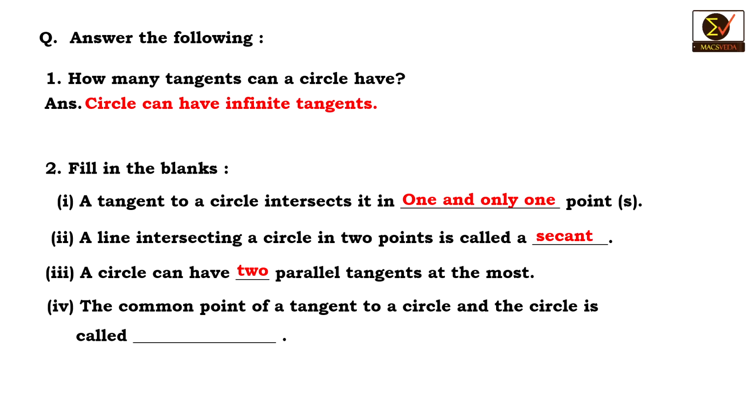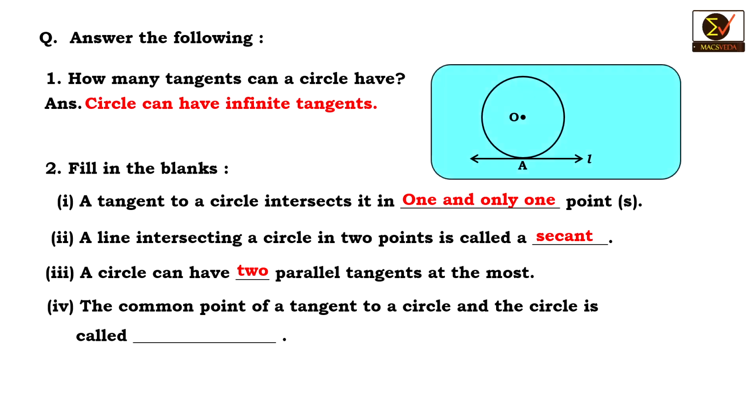The common point of a tangent to a circle and the circle is called what? That is, point where the tangent intersects with the circle is called point of contact. Clear? So this is about the introduction to circle.